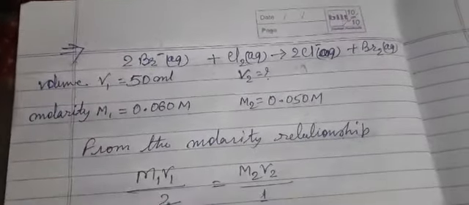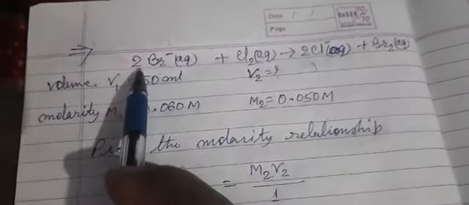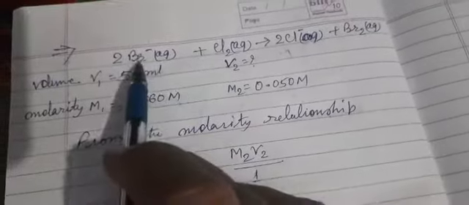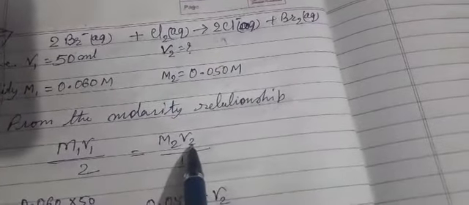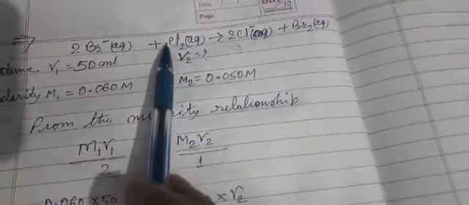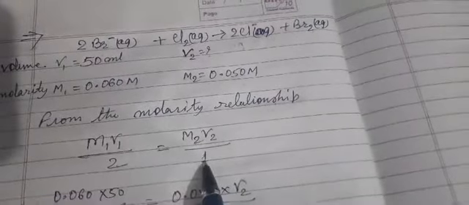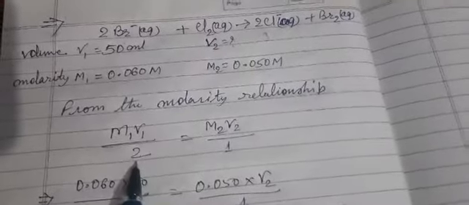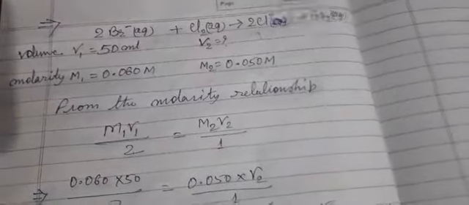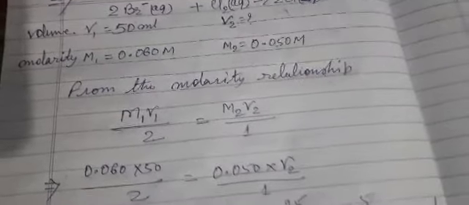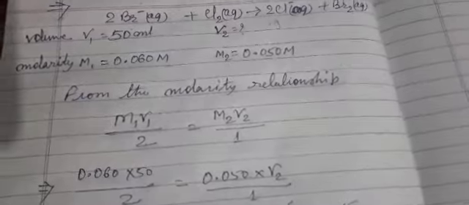The coefficient in the first case is 2, and in the second case it is 1. So the number of moles must be divided by the coefficient, because it is the mixing of two different solutions reacting with one another.